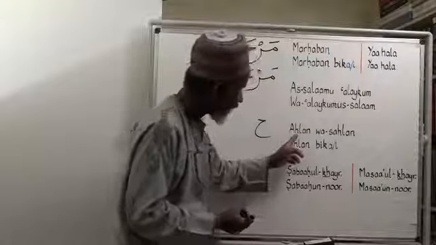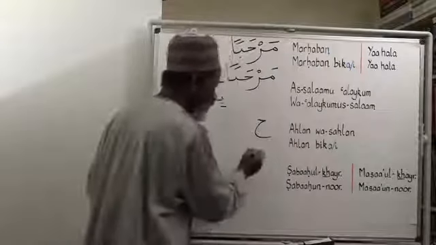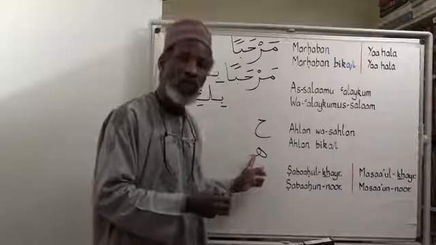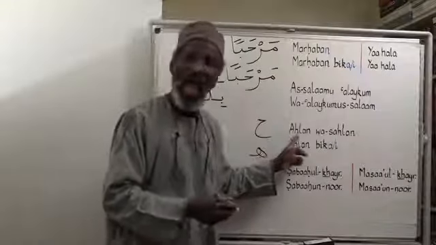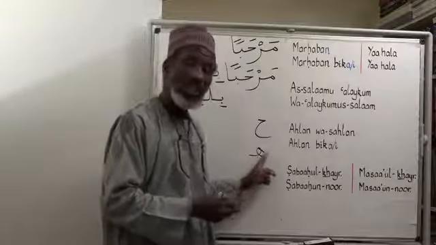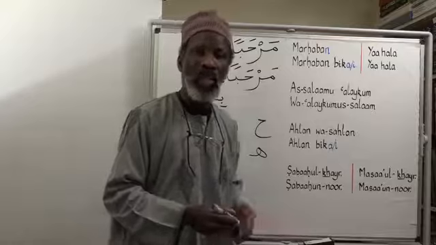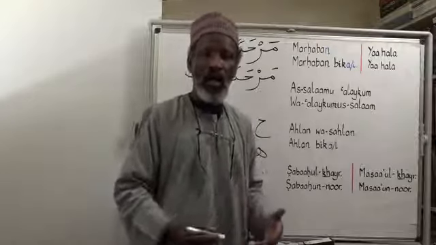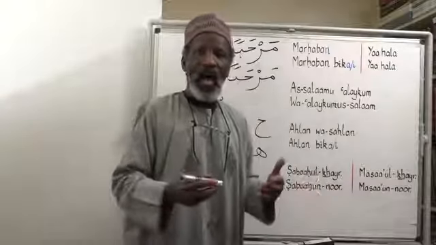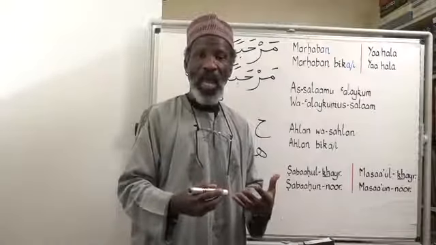Now, in ahlan, this H is representing this letter, which is ha. That's a soft H. So you don't say ahlan with the hard sound, because you're pronouncing this. It's a relaxation. Ahlan. That's a soft H.